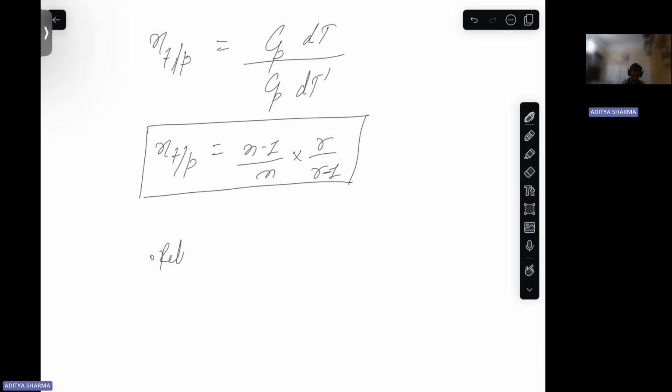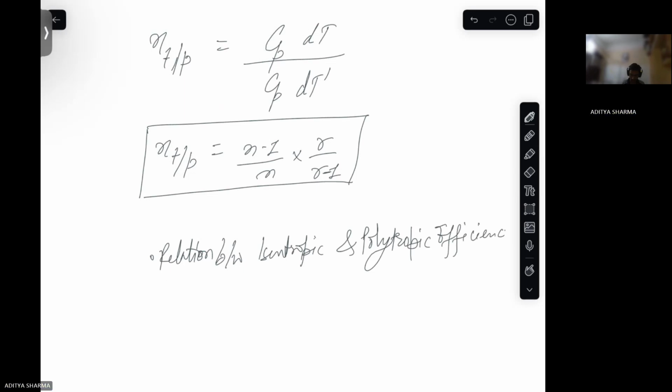So the relation between isentropic and polytropic efficiency, this can be done this way.